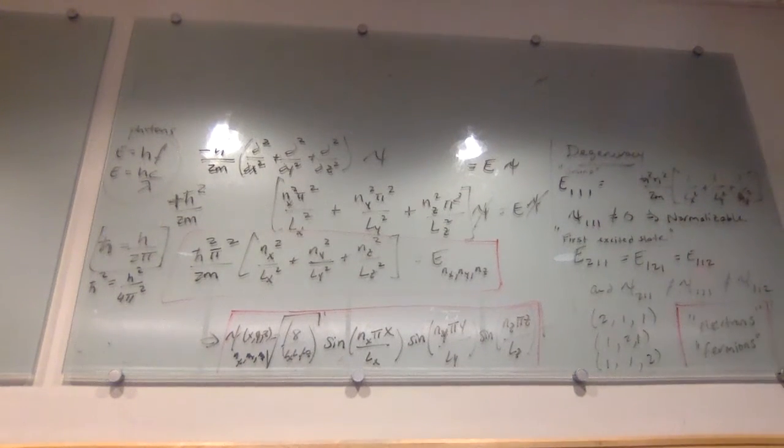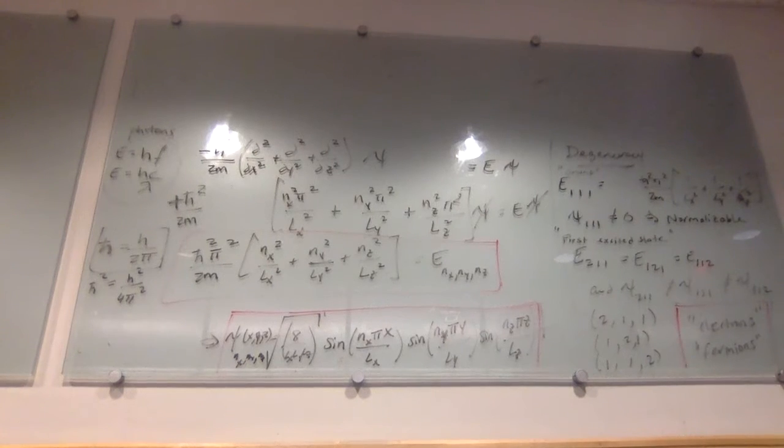It doesn't matter what the particles are. We didn't have to use any of the other principles of quantum mechanics that we've been talking about, the Heisenberg uncertainty principle. We didn't have to use any of those. We do now have to use the Pauli exclusion principle. That's what I was trying to get at.